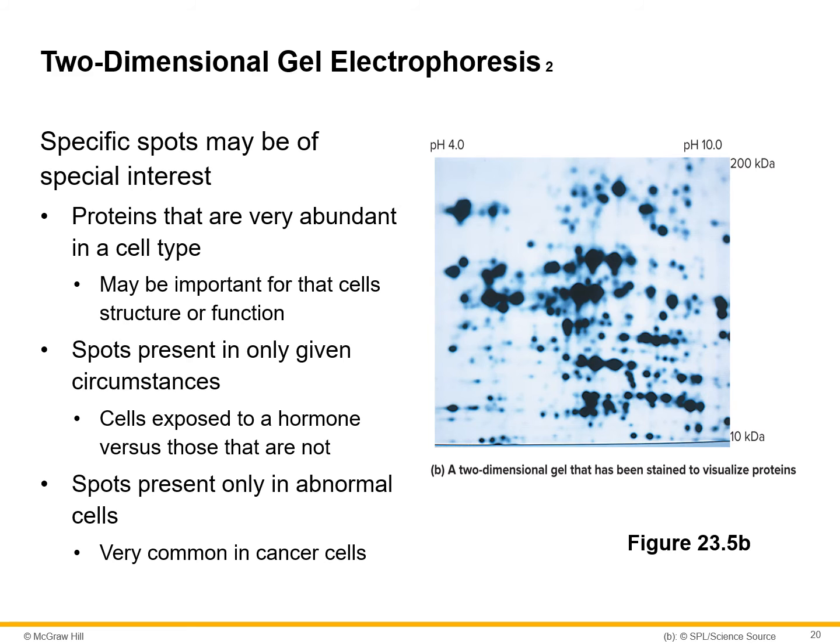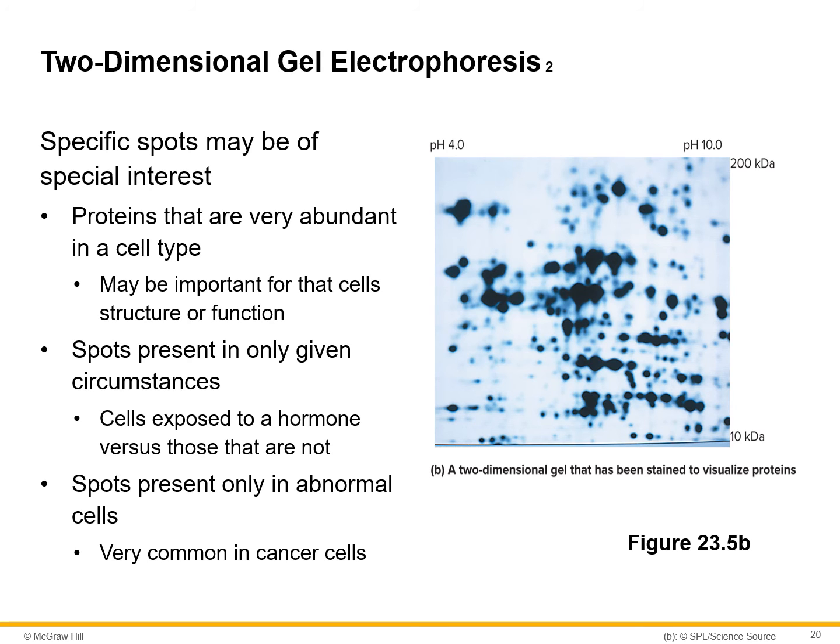And then you can look for proteins that are present in abnormal cells, proteins that are present when that cell is exposed to a hormone or not exposed to a hormone, proteins that are present in cancer cells versus non-cancerous cells. So you can use it that way, kind of like we were talking about with the DNA, where you're looking at genes, but in this case, you're looking at proteins.